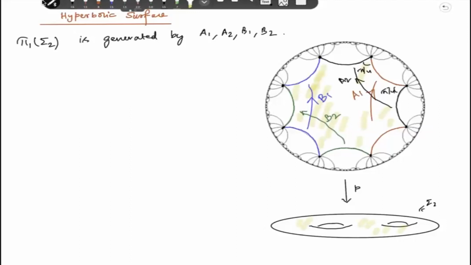Okay, so now why is this fundamental group a quotient group? You can see that from here. So let F be this regular octagon.